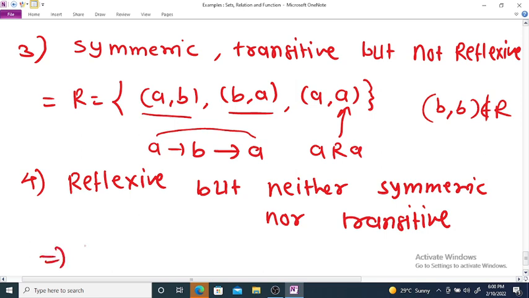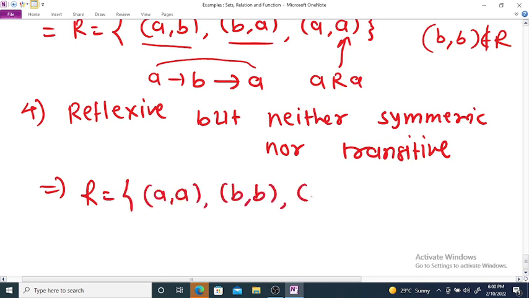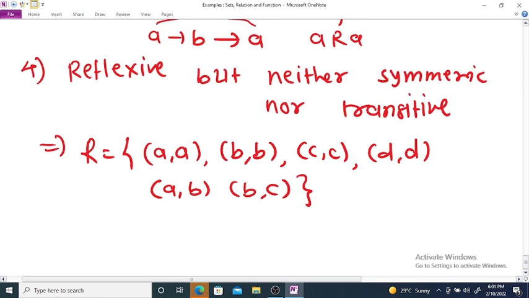So the given relation should be reflexive. So we want the pairs AA, BB, CC and DD. And now consider AB and BC. Now you can check this relation is reflexive.